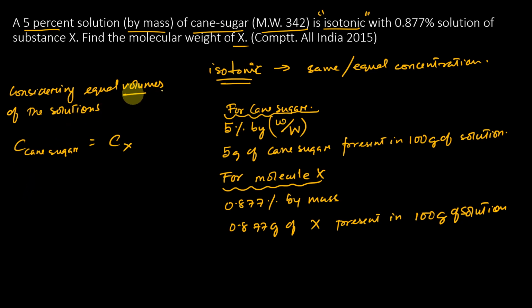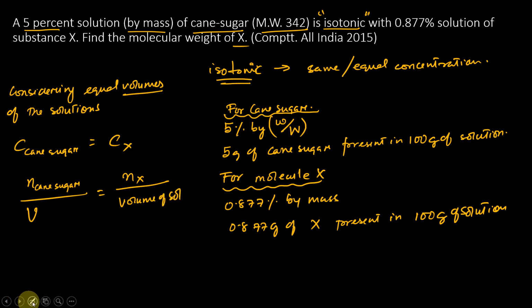Because we have taken volumes, right? So let us take number of moles of cane sugar divided by volume of the solution is equal to number of moles of X divided by volume of solution, okay?